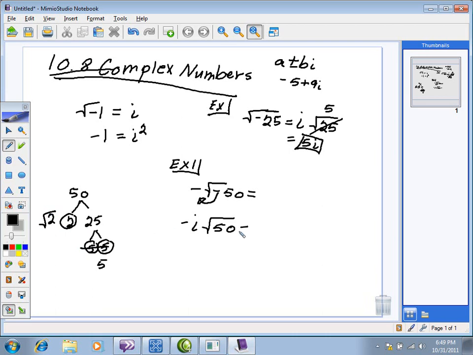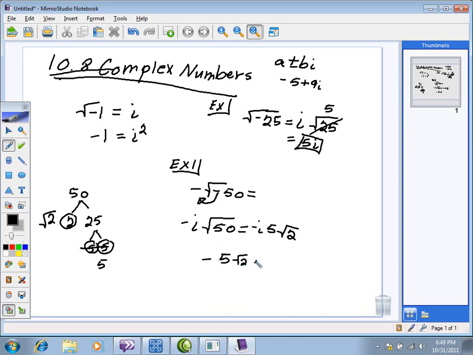So in other words, we have negative i, 5, and the square root of 2. Now we don't actually leave the answer looking like that. We're going to reorder it. The way we would usually write it would be negative 5 coming first. We like to put the normal number parts in the front if possible. Then we have the square root of 2.